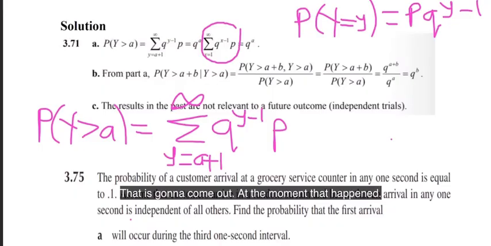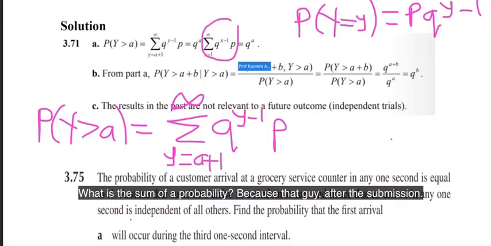At the moment that happens, what is the sum of a probability? That remaining sum is a geometric probability distribution, and the sum of probabilities equals 1. So 1 multiplied by q raised to power a is still q raised to power a.